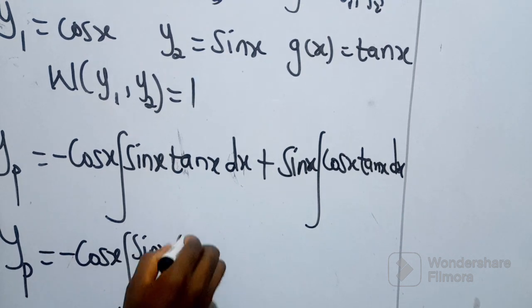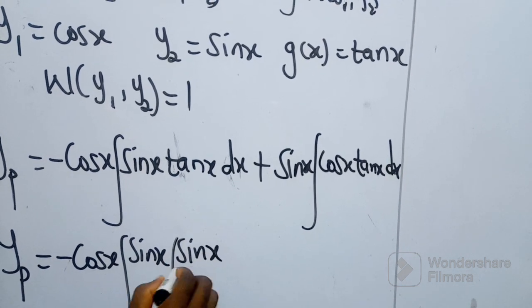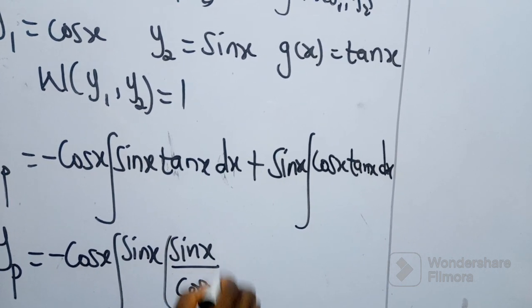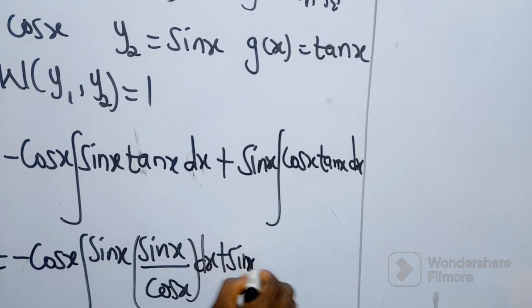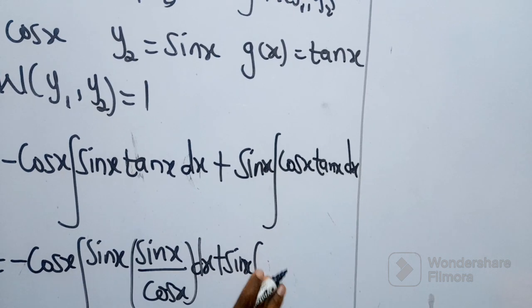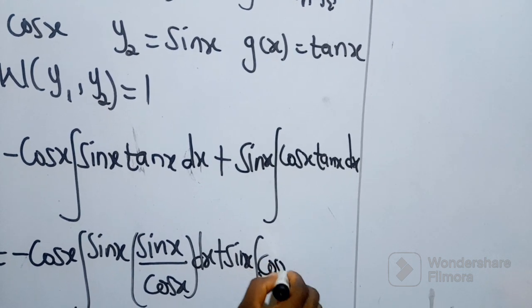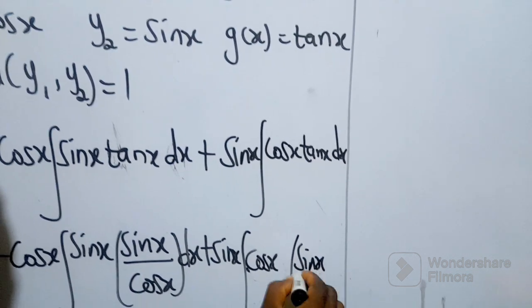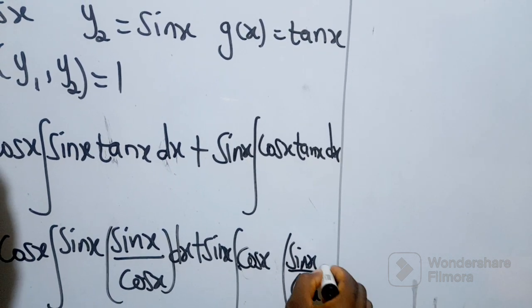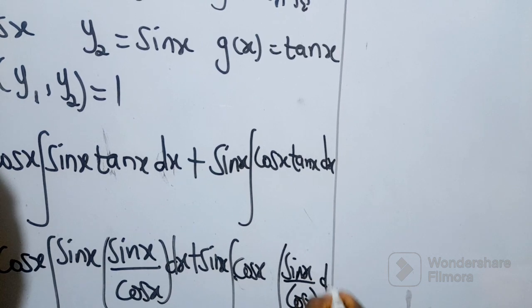Remember, tan x is what? Sine x over cos x dx, plus sine x, integral of cos x, then sine x over cos x dx.